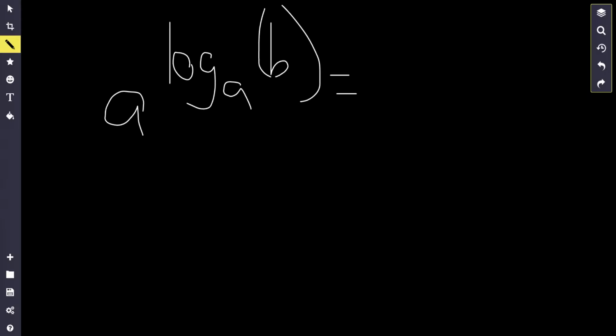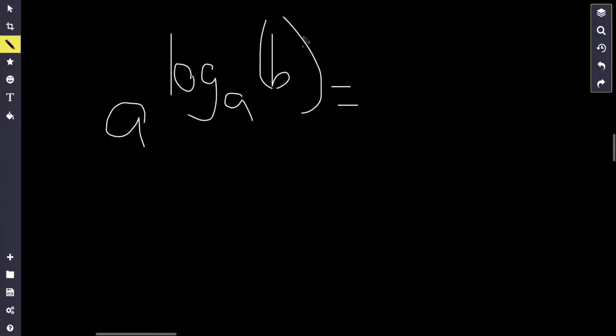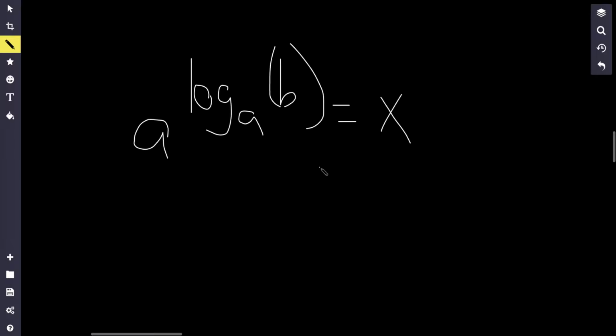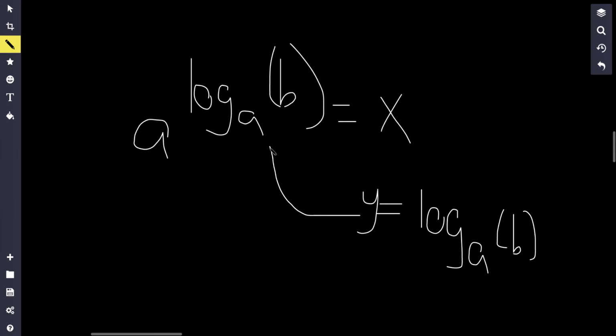So let's say I did not know that this was equal to the thing inside of parentheses. Let's say this is just equal to some value, x. What I'm going to do is let y be equal to log base a of b, all of this stuff right over here.